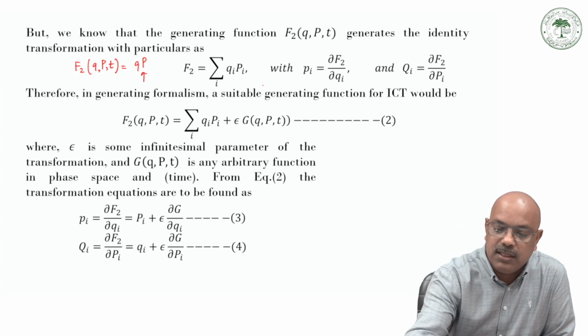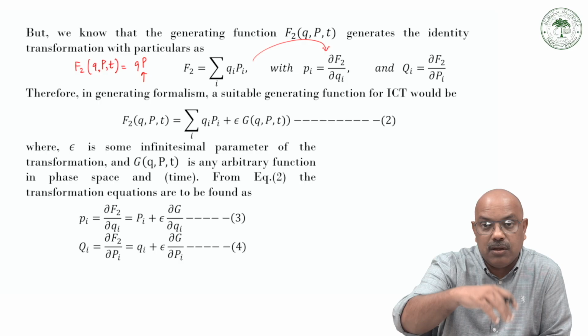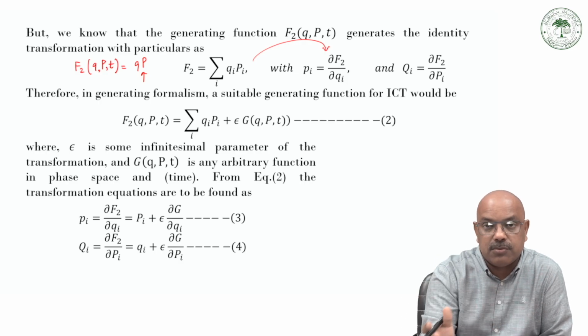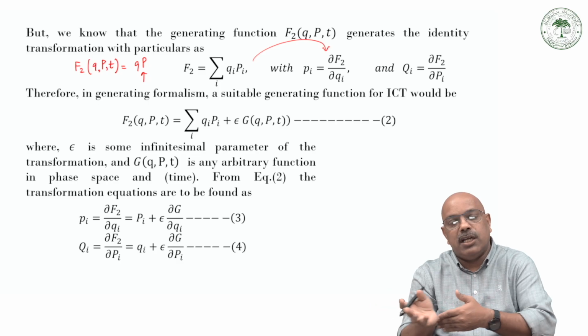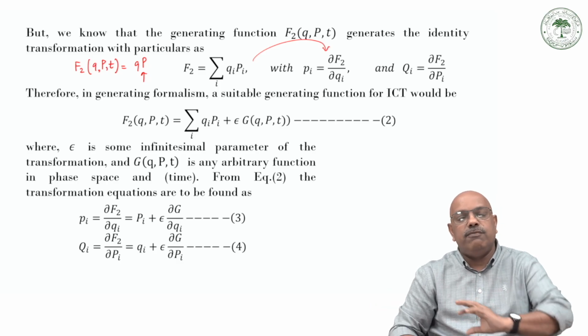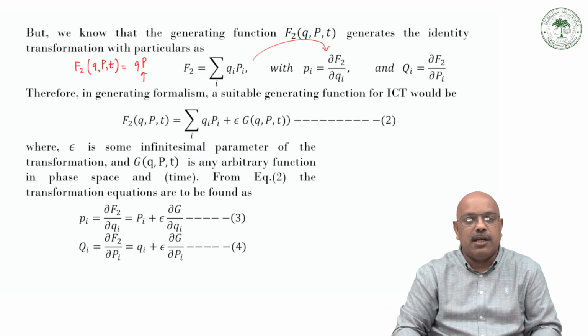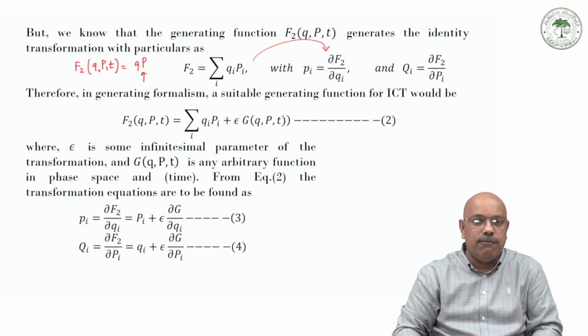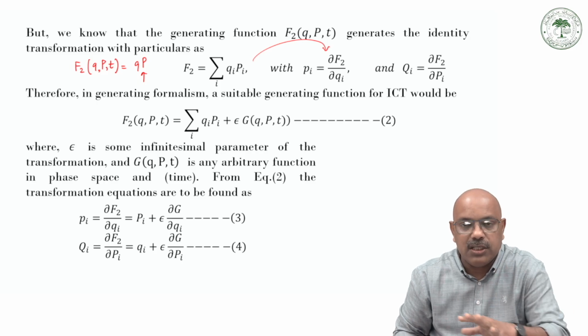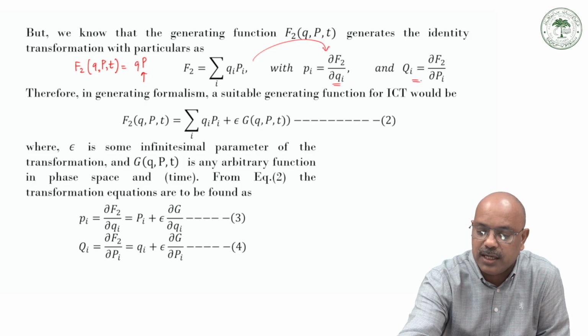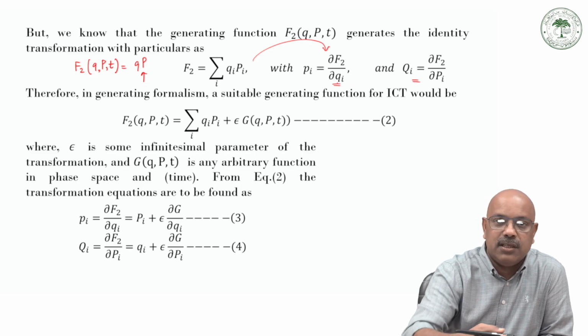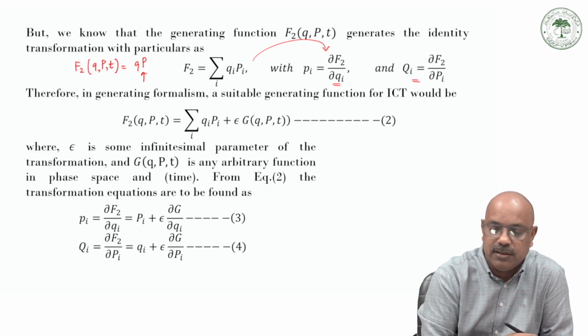You know that every generator F1, F2, F3 has its corresponding derivatives, and that will tell you what kind of transformation that particular generating function gives. The corresponding derivatives for F2 are Pi and Qi, and from here you decide whether it is going to be the identity transformation.